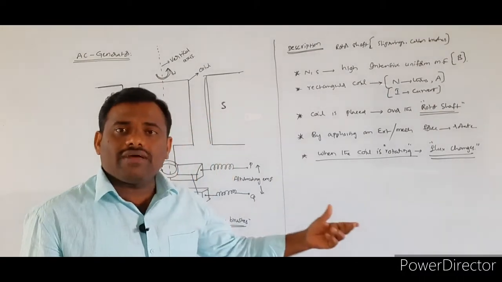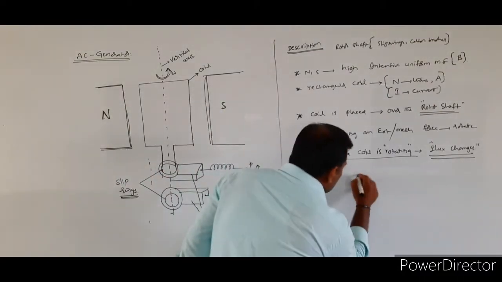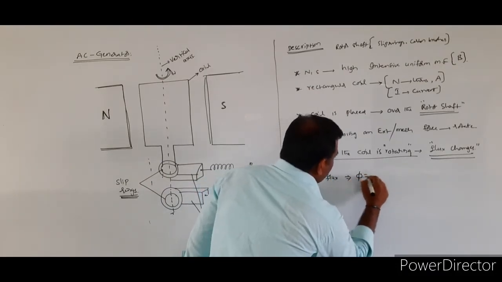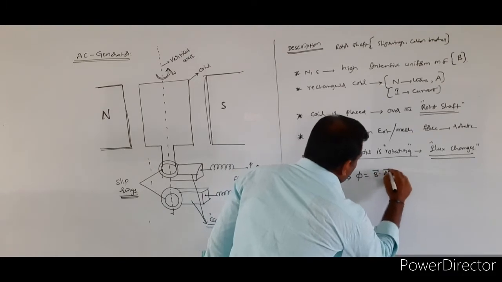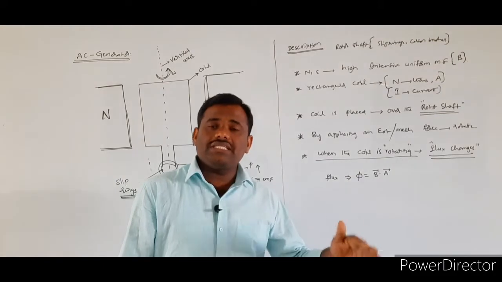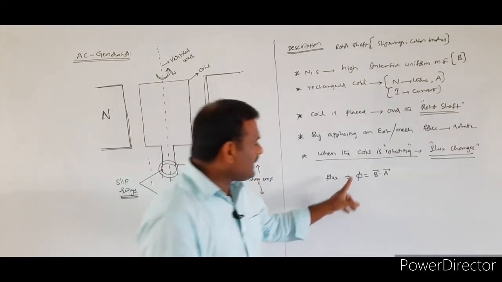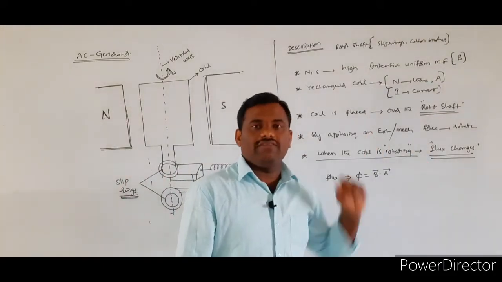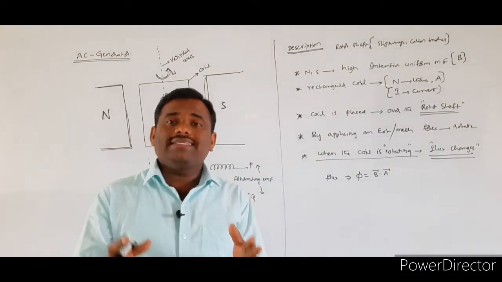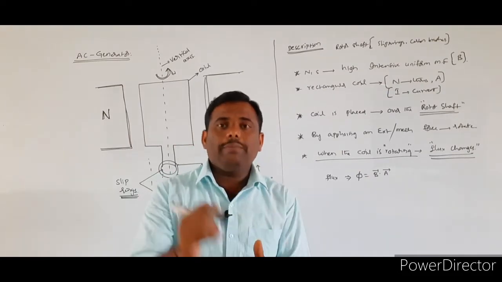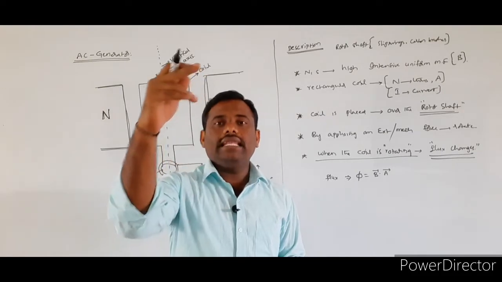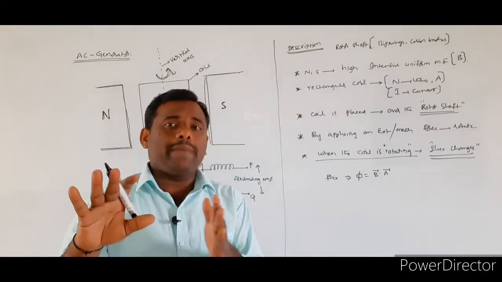What is the general formula for the flux? The general formula for the magnetic flux is phi equals B bar dot A bar. Up to now, we generally wrote phi equals B into A, because we considered that the plane of the coil is perpendicular to the direction of the magnetic field, so the flux linked with the surface is maximum.